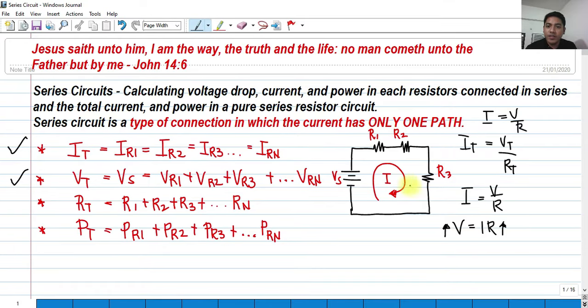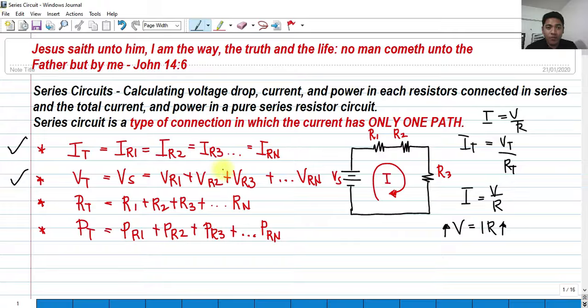If we have series resistors, we have different voltage drops, except when their resistances are equal. If two resistors are equal and connected in series, then they have the same voltage drop.